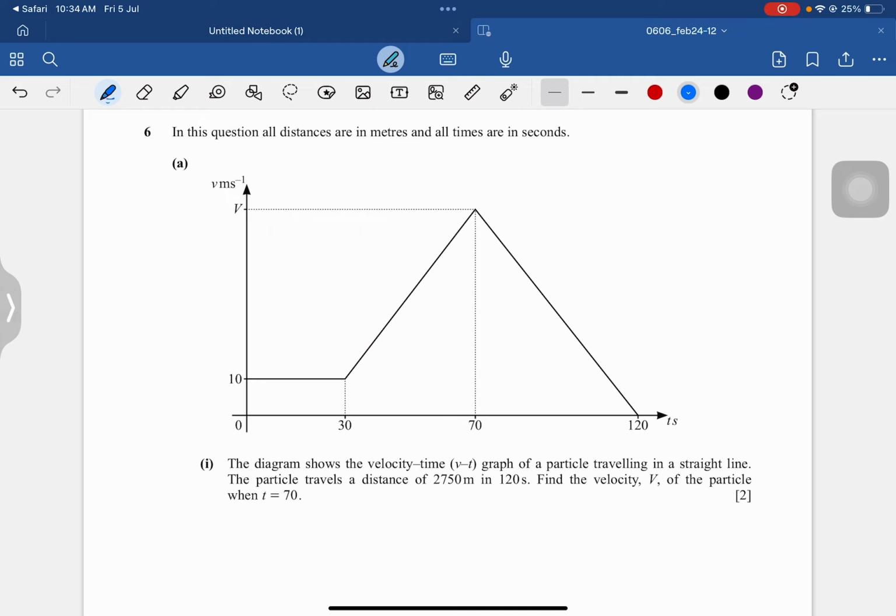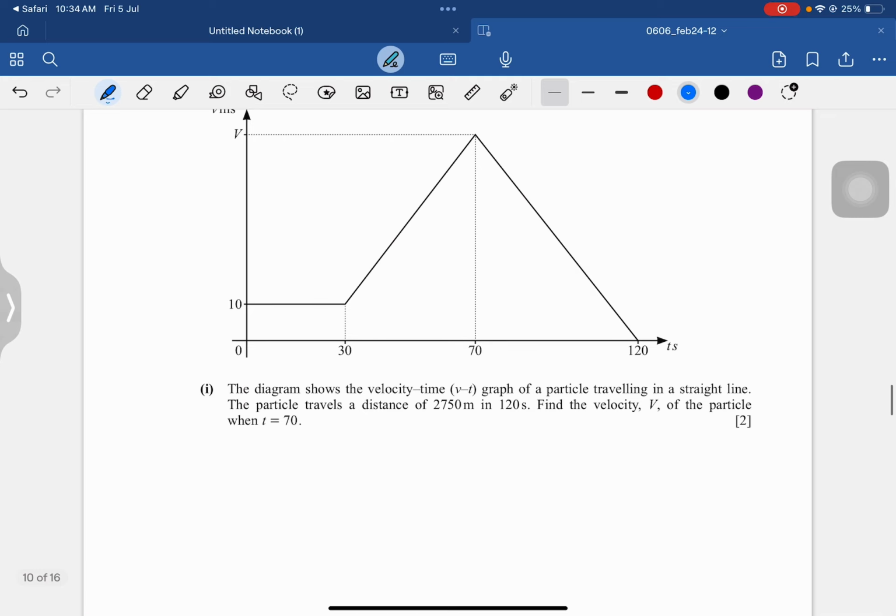Find the velocity v when t equals 70. Okay, very straightforward. This one sounds like a math question. So, just like I mentioned, area under the graph. The first part is a rectangle, 10 times 30, here is going to be 300.